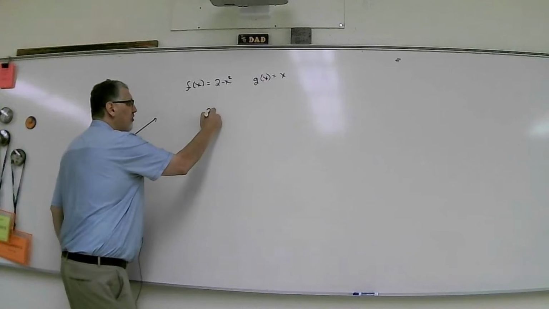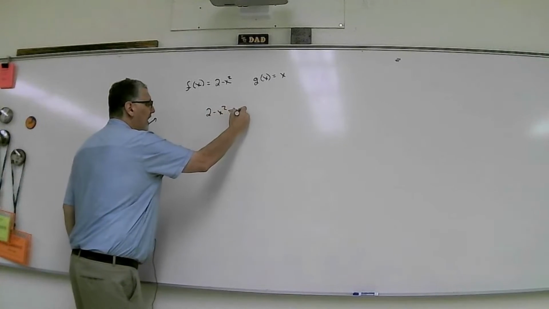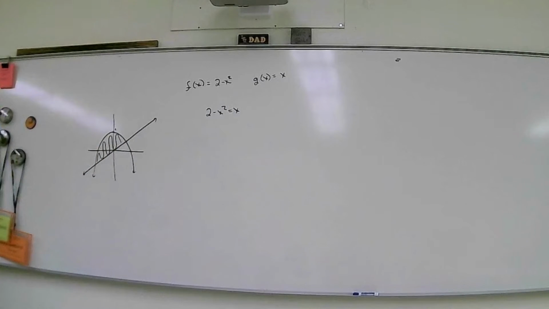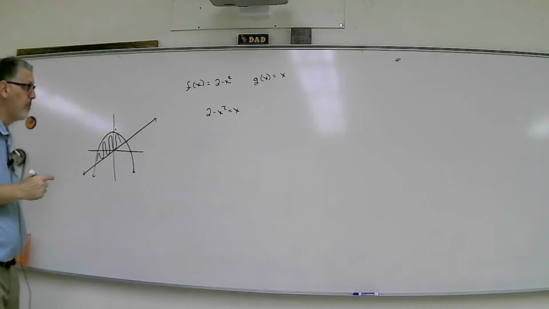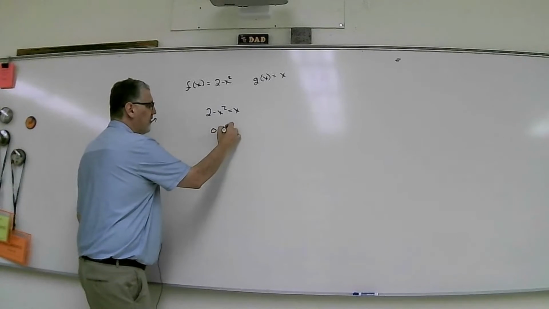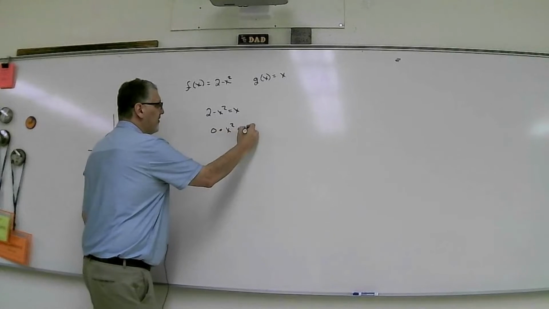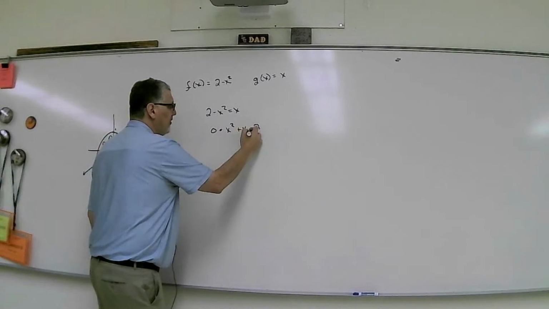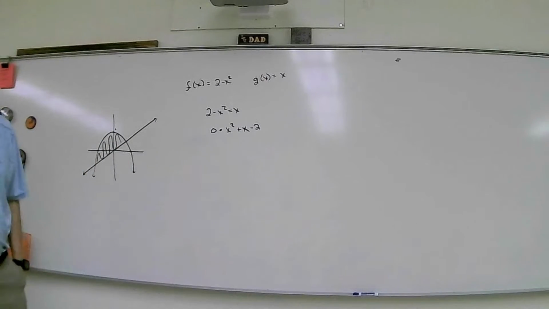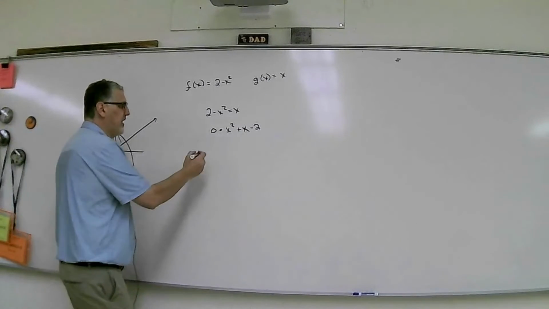Yeah. So we have 2 minus x squared equals x. All right, y'all tell me, what's my step? So you have positives: 0 equals x squared plus x minus 2. Okay, now what? We can factor. What does this factor to?